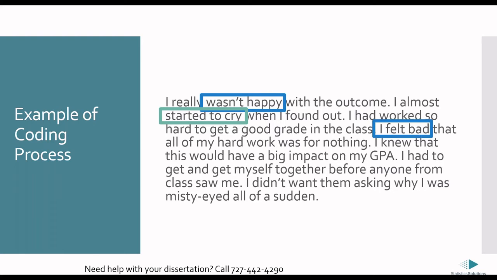I felt bad. So here we have another dark blue. So wasn't happy and I felt bad are potentially speaking to the same idea. Started to cry is a little bit different. So we continue on and then we see misty-eyed. Misty-eyed also has something to do with crying.